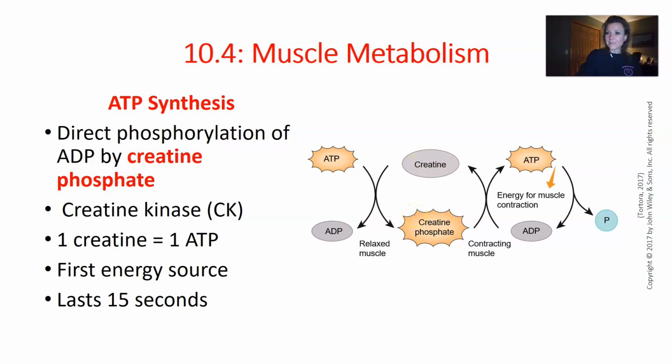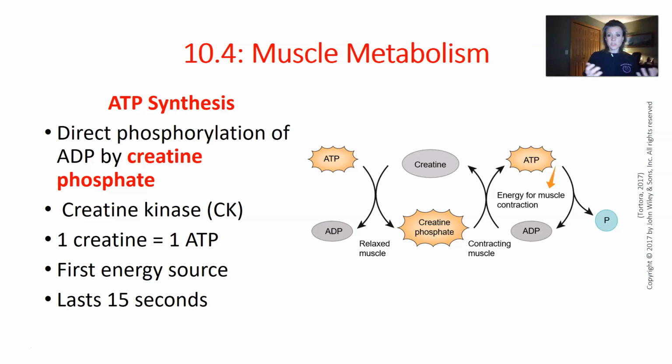It's not creatine phosphate anymore. And it's going to attach that phosphate to an ADP molecule to create ATP, which can then bind to the myosin and allow the cross-bridge cycle to occur. And so that's how creatine phosphate helps the muscle fiber to contract.